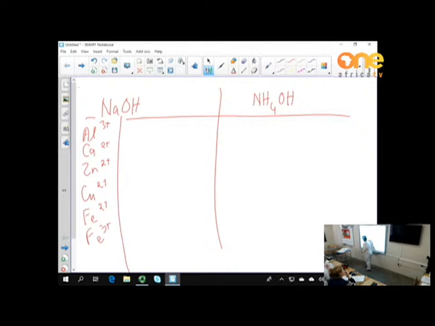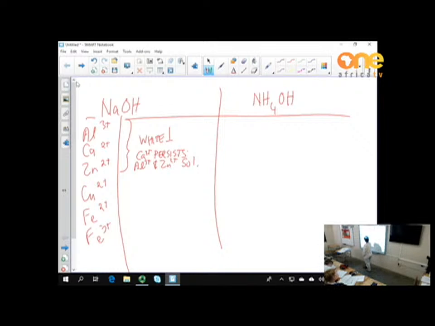We found that with sodium hydroxide, with these 3, if you add a few drops, we got a white precipitate. On adding excess, we said calcium persists, but aluminium and zinc become soluble.